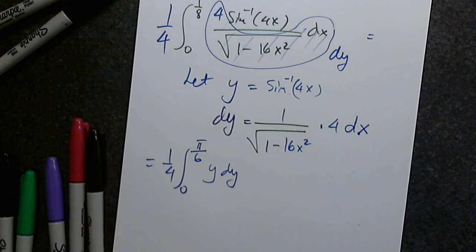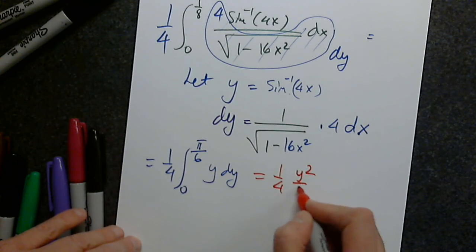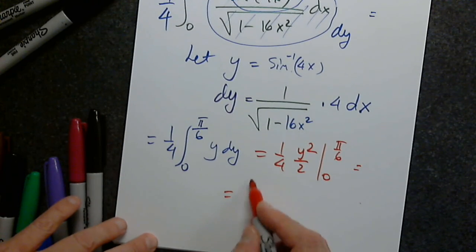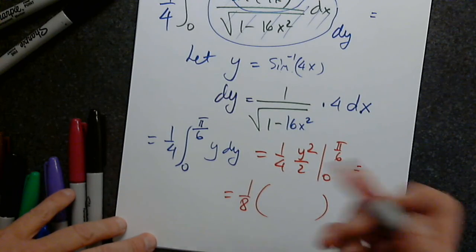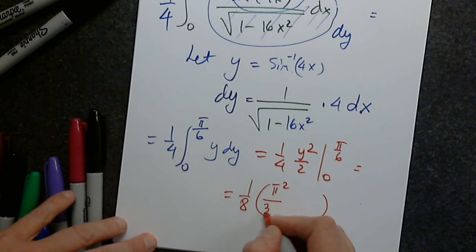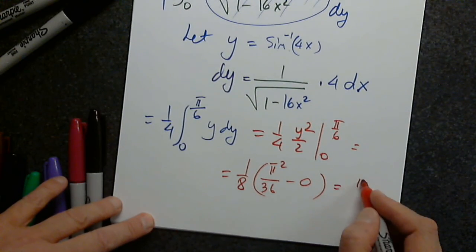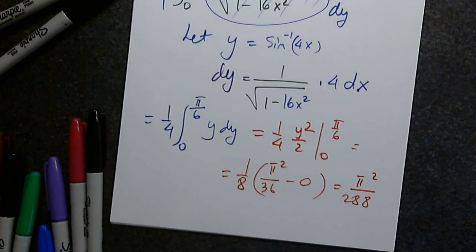It couldn't be easier. It was a perfect example. So this is 1/4 times y squared over 2 from 0 to pi over 6. Do not involve the constant. Plug in pi over 6. Plug in 0. I don't have to write anything. So this is pi squared over 288. Perfect example, Felix. Thank you.